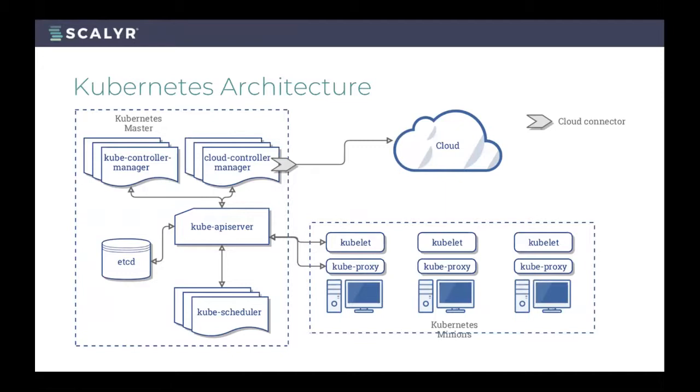So the Kubernetes architecture consists of a Kubernetes master, ideally 3 of them, that are managing and orchestrating your workloads, and your worker nodes, also called minions, where all the containers and applications will be hosted.